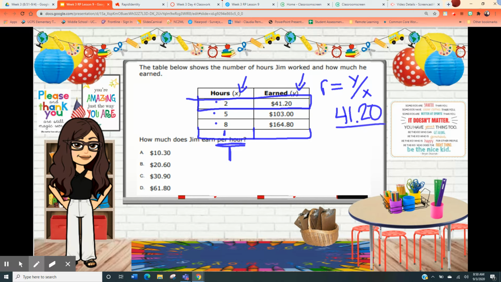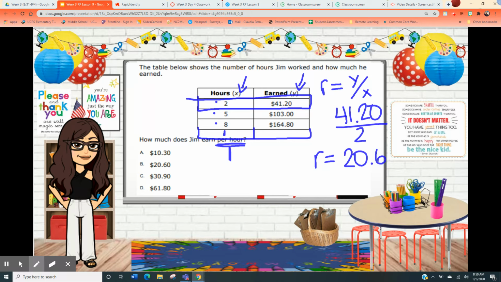41.20 divided by 2. So if I go ahead and divide 41.20 by 2, my unit rate would then equal 20.6.